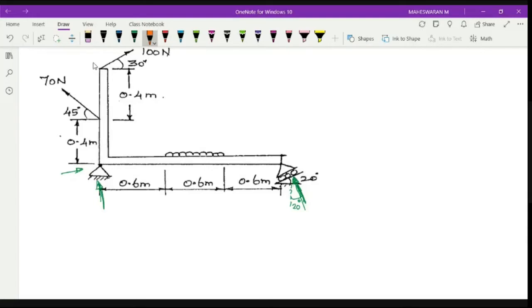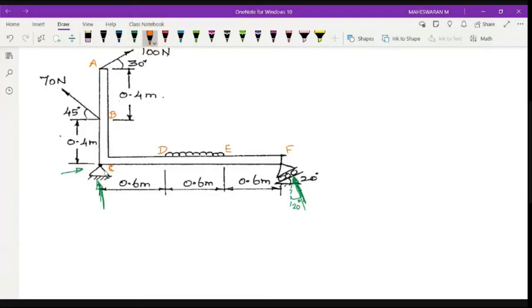So let me consider this as point A, this as point B, this is point C, point D, point E, and point F. Wherever your UDL starts, wherever it ends, and wherever your point load is there, I am giving that as some points.